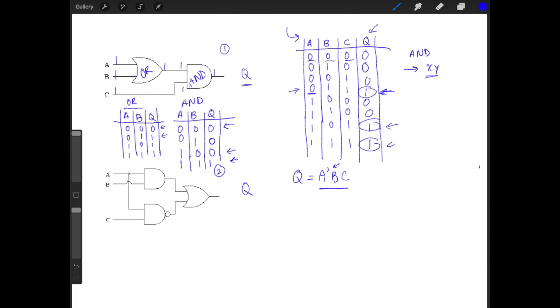That's how you know it's an AND. Well, that makes sense for this situation, because we want Q to be 1 when A is 0 and B is 1 and C is 1. So it's like an AND statement, right? So when A is inverted, when it's A prime, B is 1 and C is 1, then the output would be 1.